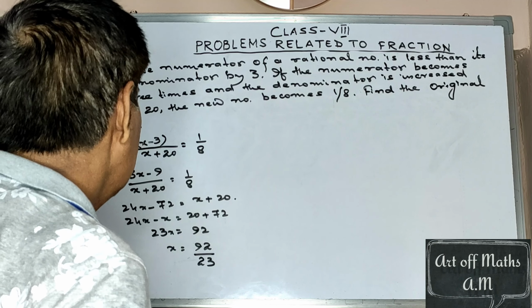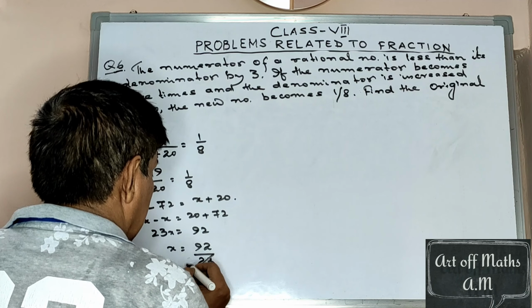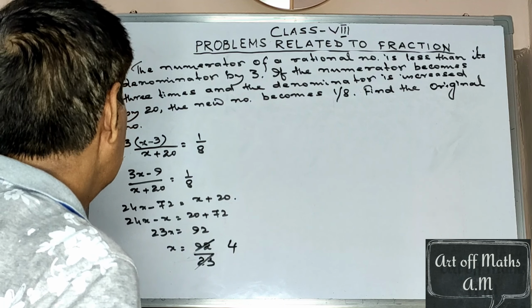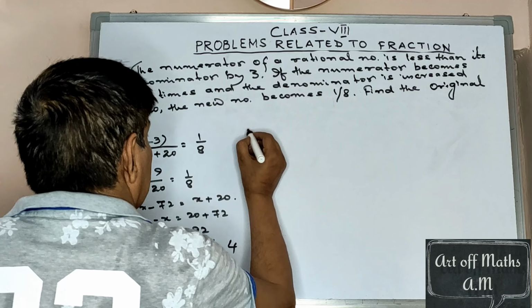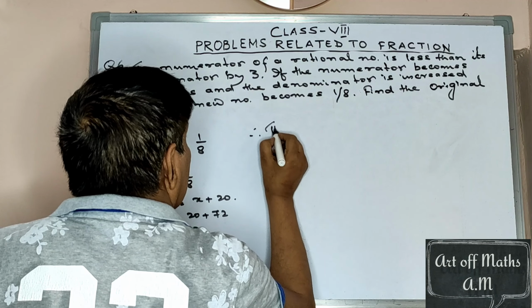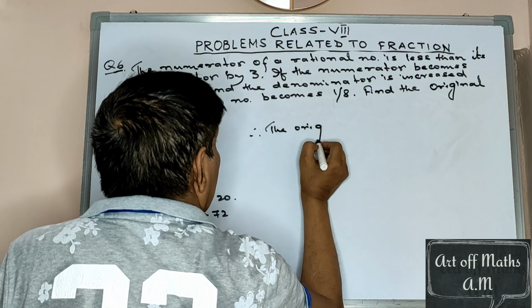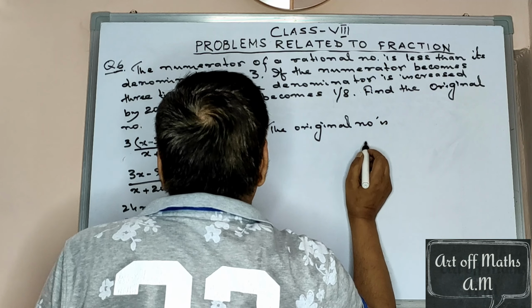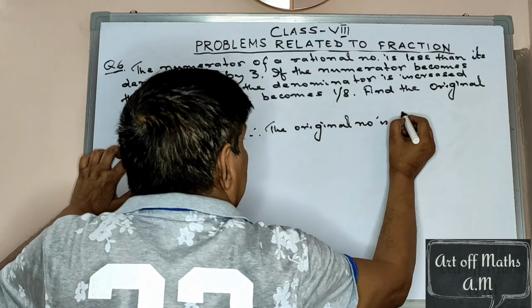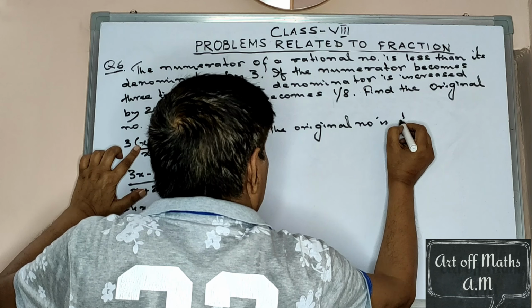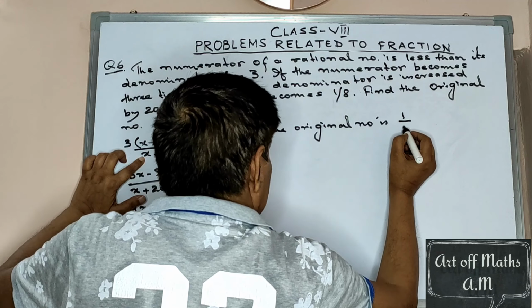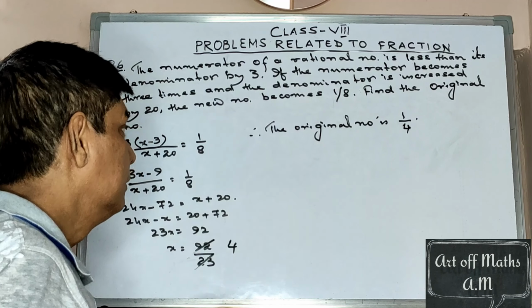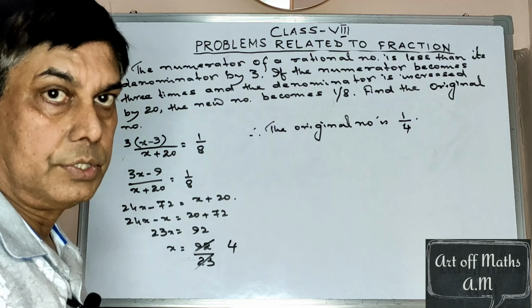Now find the original number. Therefore, the original number is x minus 3, that means 4 minus 3, 1, and x, that is 4, 1 by 4. This is the solution of the 6th question.